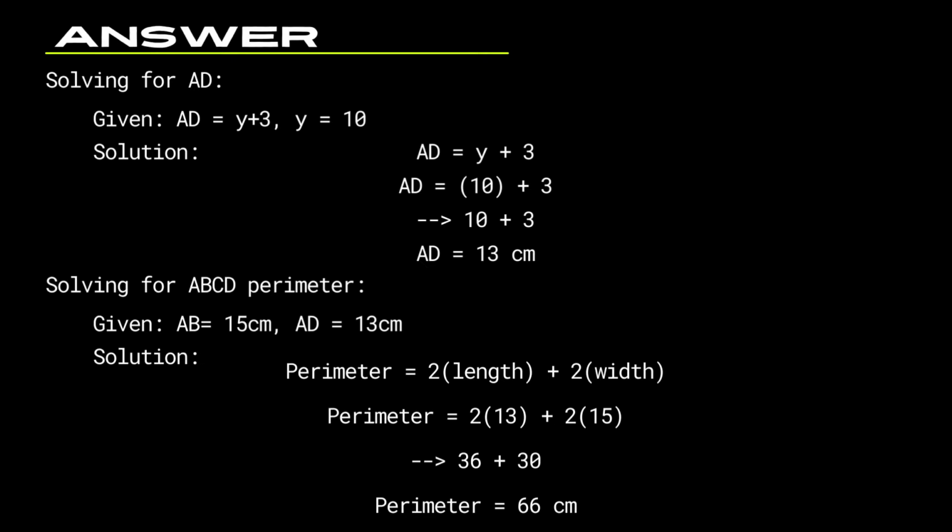Next, solving for the ABCD perimeter, given AB is equal to 15 centimeters and AD is equal to 13 centimeters, with the perimeter equation, 2 times the length plus 2 times the width.